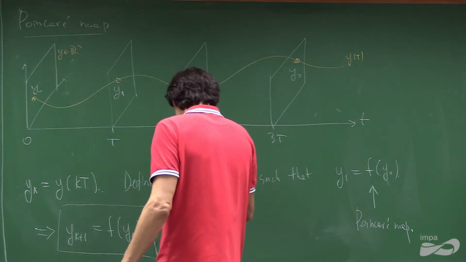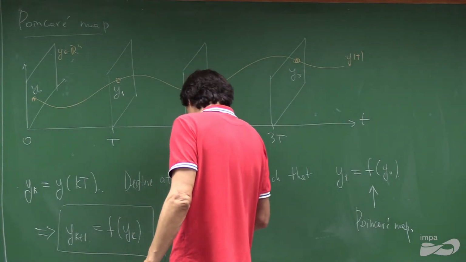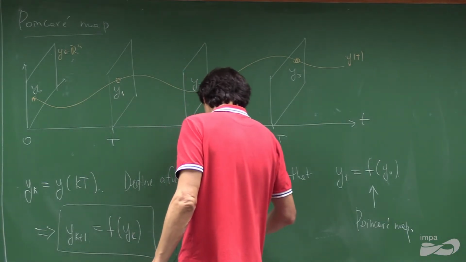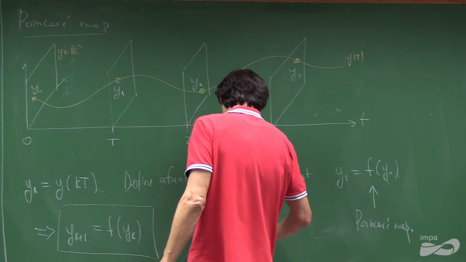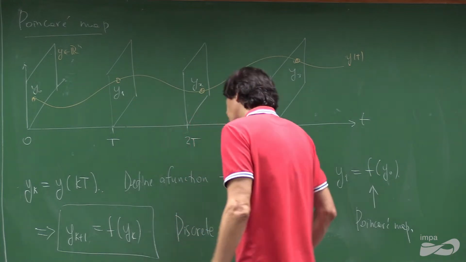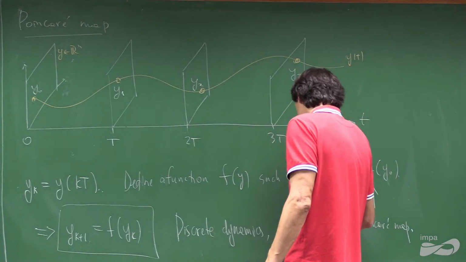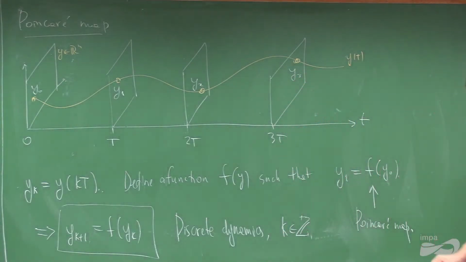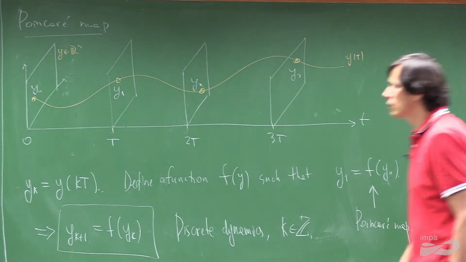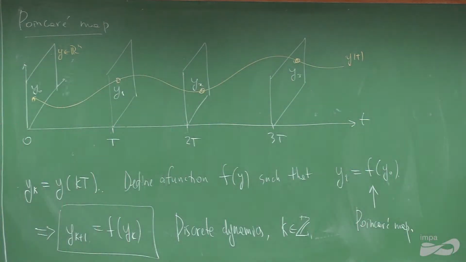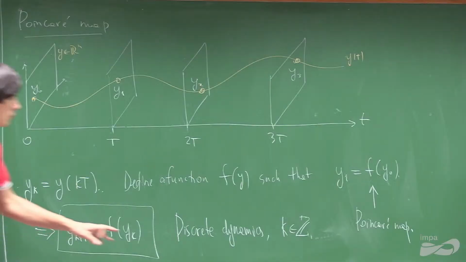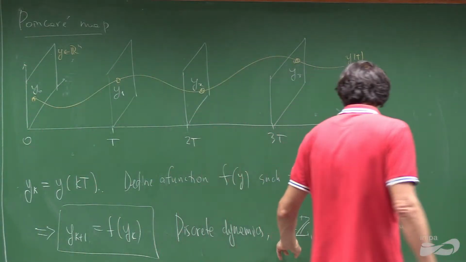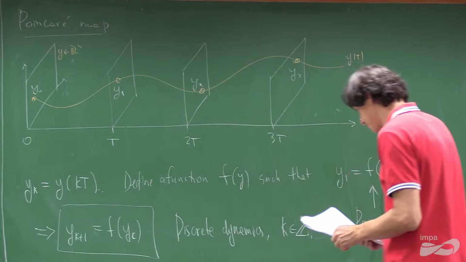This is called discrete dynamics, because now our time is an integer number. Instead of using continuous time, we now can use just discrete time, which is counting the number of periods that pass.